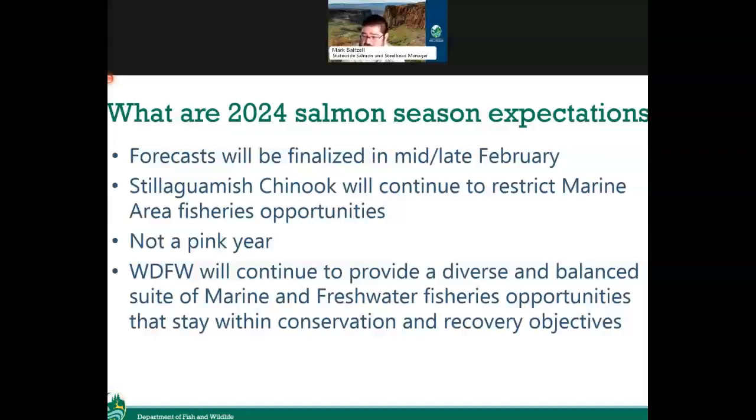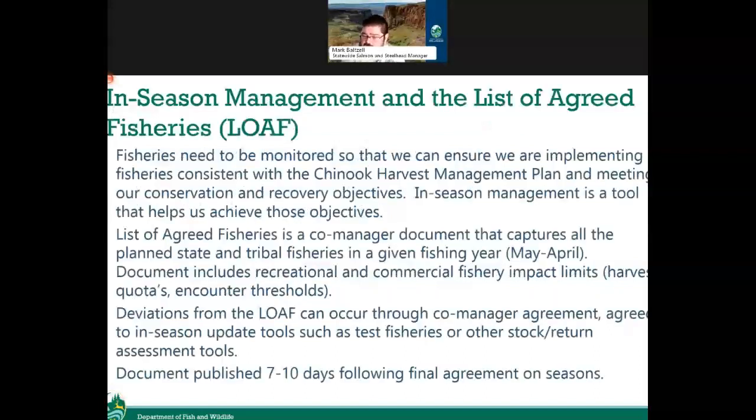We have a recently adopted North of Falcon policy that has gone through the commission process and provides an additional guide besides all of our conservation and recovery goals. That policy helps guide us regarding fishing opportunities and how we try to provide a diverse and balanced suite of those fisheries. Next slide, please.